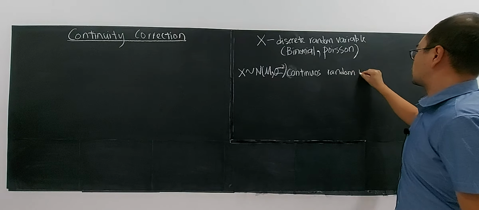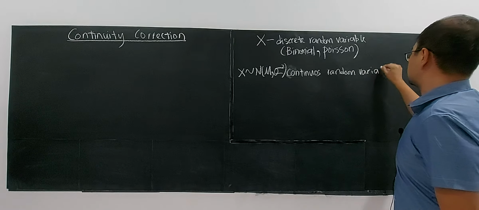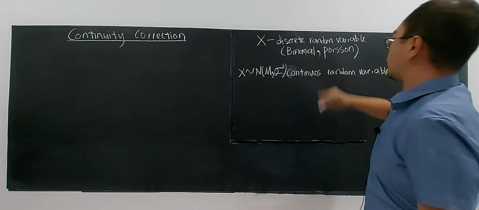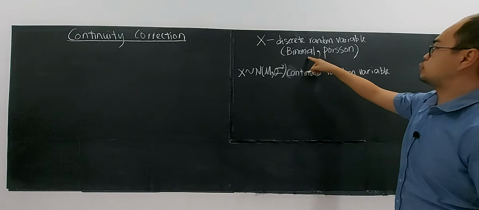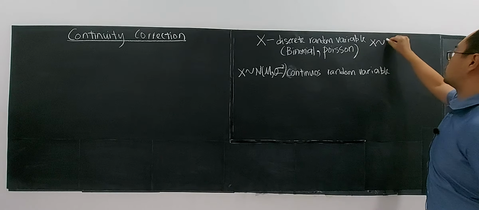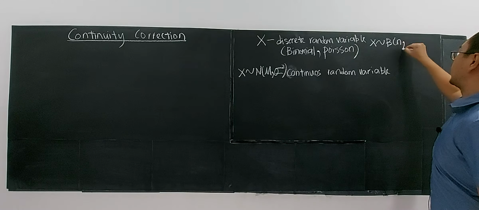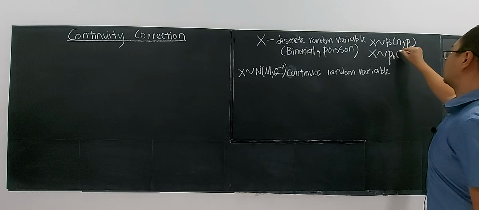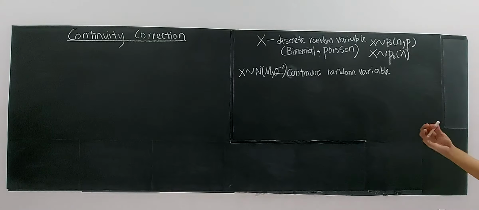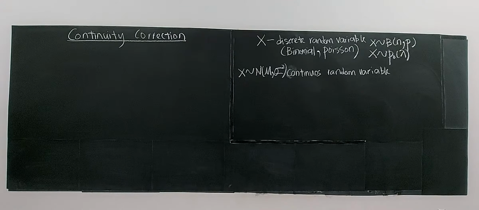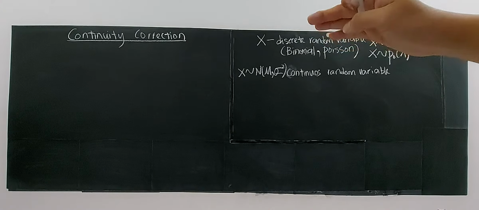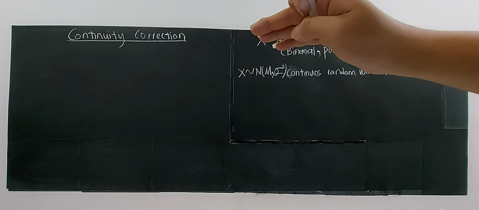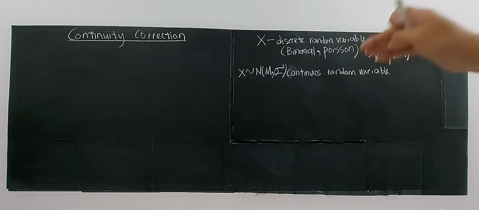If X is binomial or Poisson, the binomial distribution is defined by the number of samples and the probability of success, and the Poisson is defined by a mean for an interval. As long as you know that binomial and Poisson are discrete random variables, and the normal distribution is a continuous random variable.